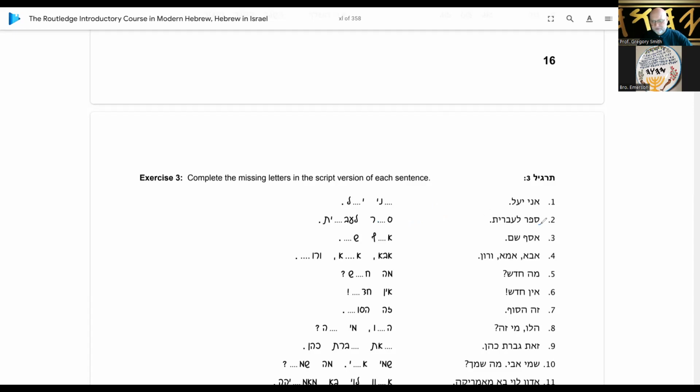Okay, so we have Sefer LeIvrit, and so we have that there, and then there's like a resh. Okay, so now we have, this looks like Asaph Sham. And I think Asaph might be a proper name, but let me double check that. Asaph Sham.